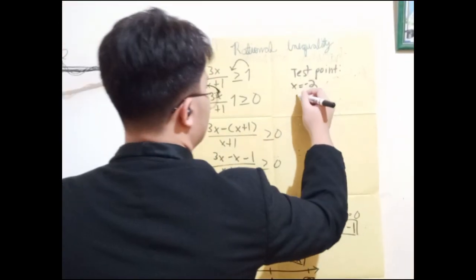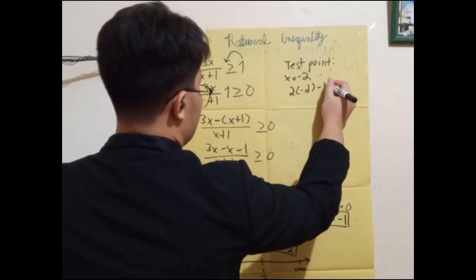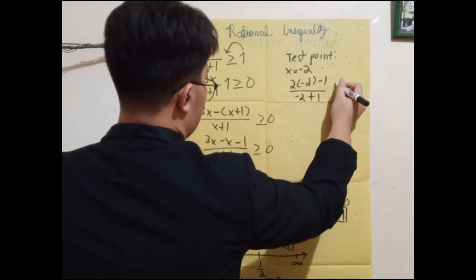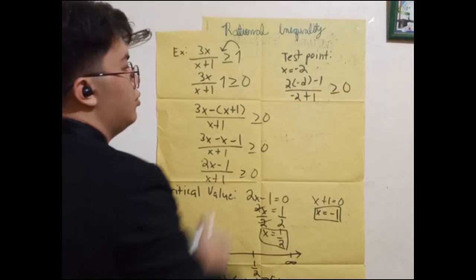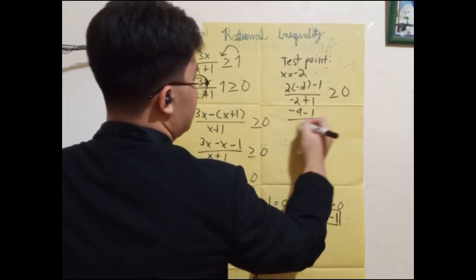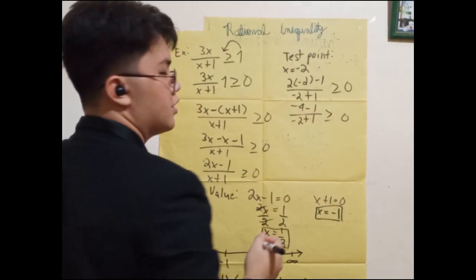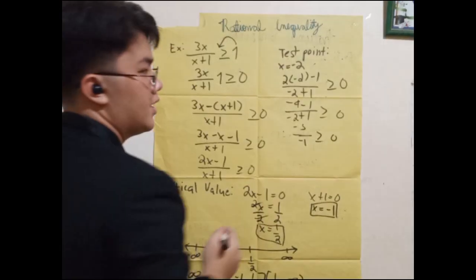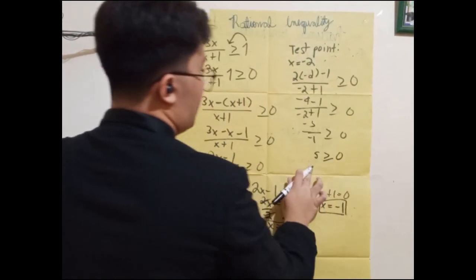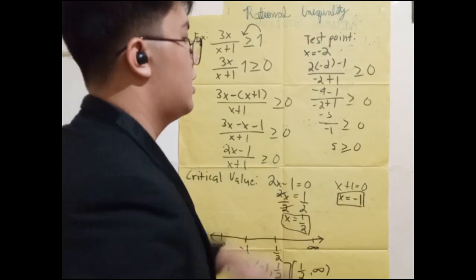So let's copy 2, then x changes to negative 2, minus 1, over negative 2 plus 1. 2 times negative 2 is negative 4, then copy the negative 1, over negative 2 plus 1. Negative 4 minus 1 is equal to negative 5. Negative 5 over negative 1 is basically 5. So 5 is greater than or equal to 0, which is true.